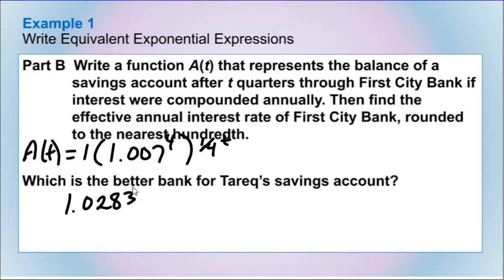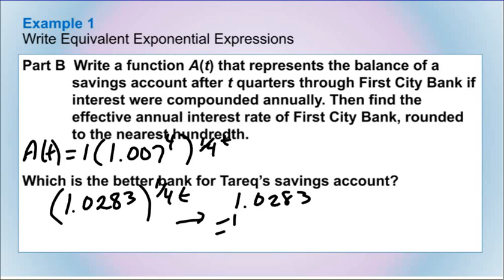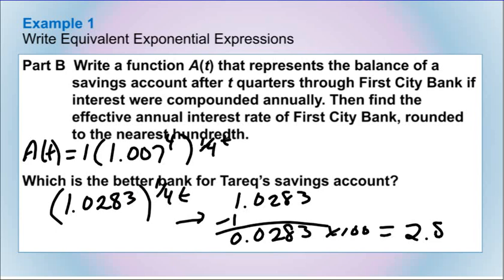Round it to the nearest 10,000th place. And this will be raised to the 1/4 t power. So now if I take this decimal, 1.0283, and subtract 1 from it, that gives me 0.0283. Multiplied by 100, we would get a percent of 2.83%.